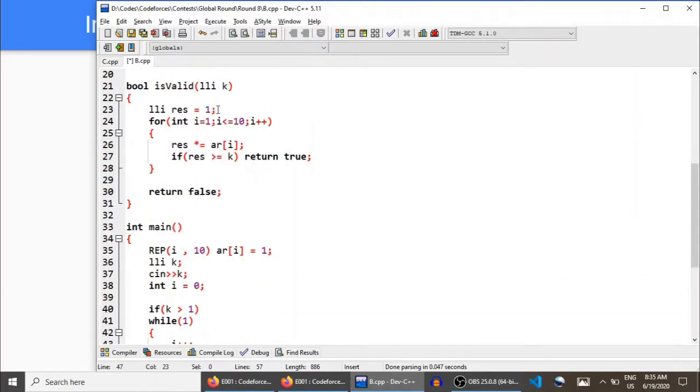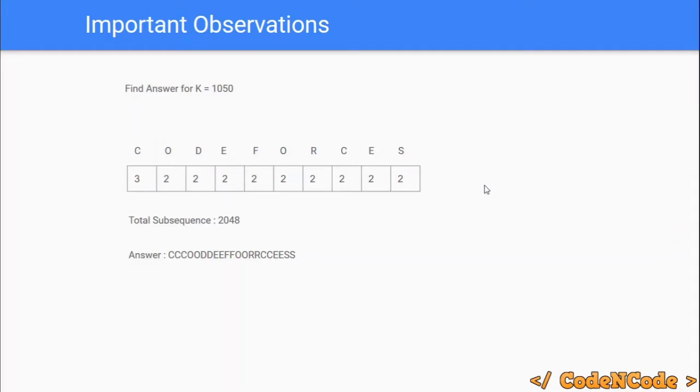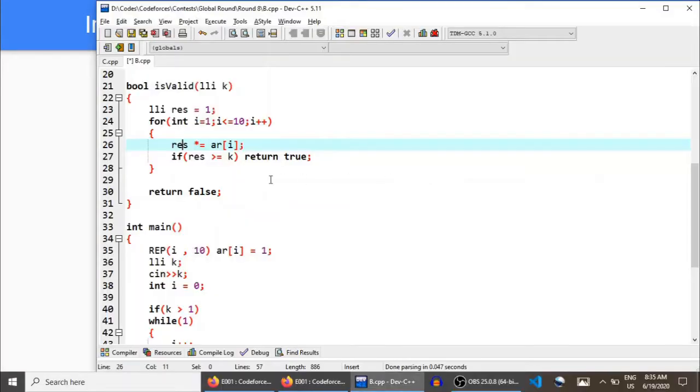So what the isValid function is doing: you have initialized result with 1, and then from 1 to 10 you would multiply all of the numbers into result. Basically you are calculating the total number of subsequences. Initialize result with 1 and just multiply all of the integers with result, so result will contain the total number of subsequences.